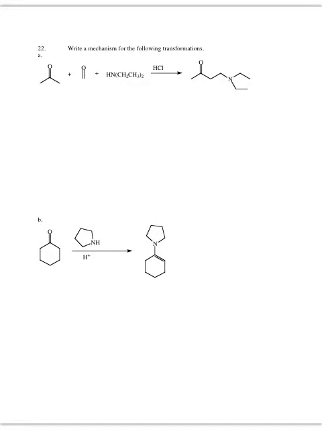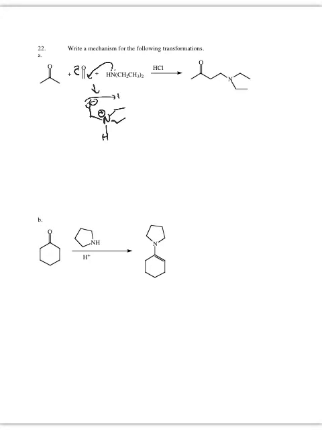So what we have first is the nitrogen is going to add to the carbonyl of the formaldehyde to give us the O minus, with the diethyl and a positive on the nitrogen.